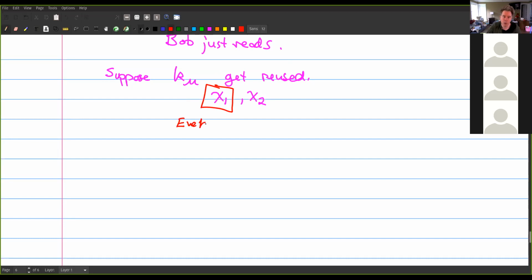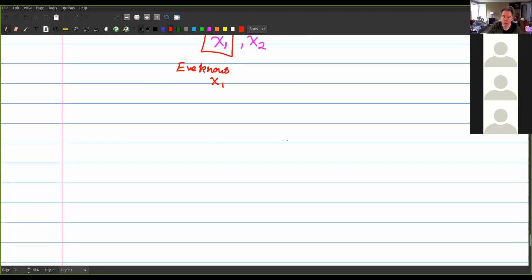So Eve knows X1, but not X2. She's watching communication between Alice and Bob take place, and so she sees Y1 go by, and Y1 is X1 times KM. Then the programmer who implemented Alice's encryption did something terrible, which is they made it possible for the same message key to be reused.